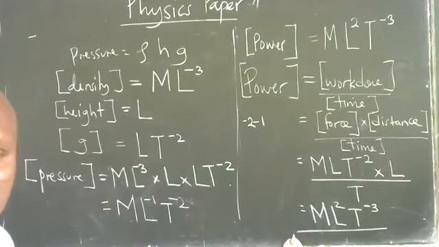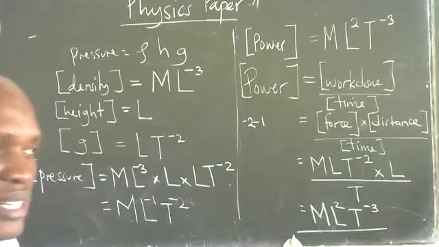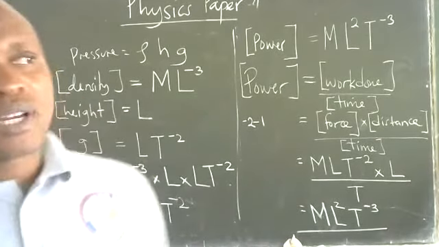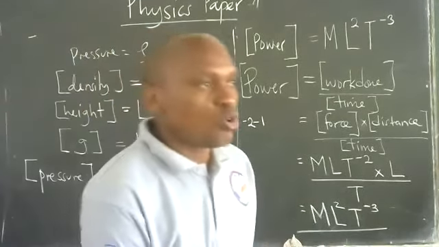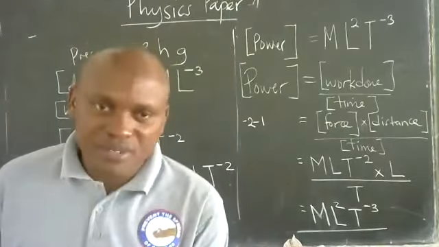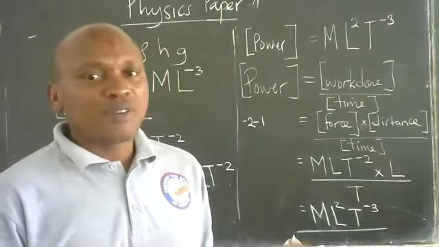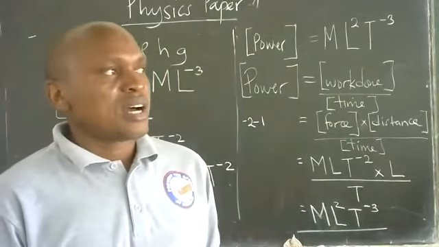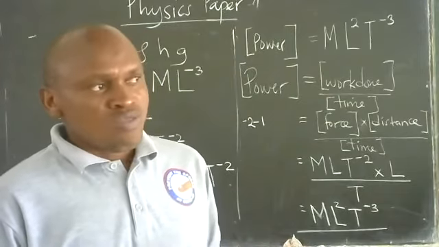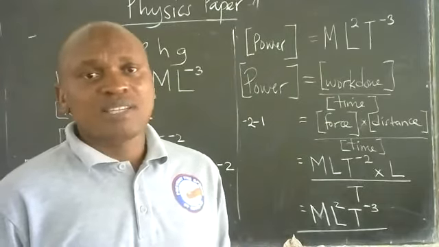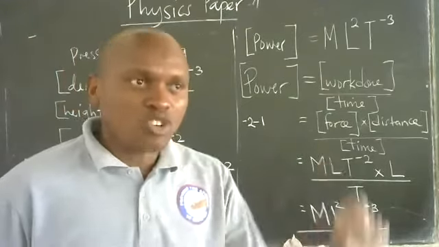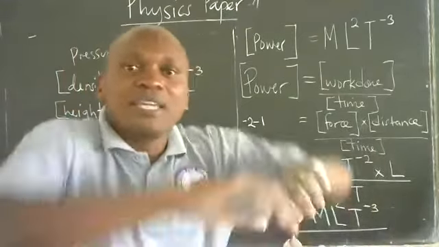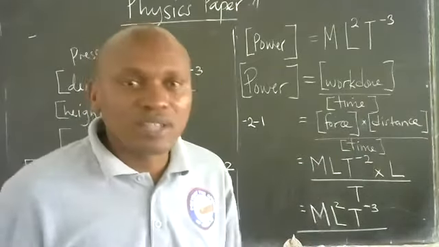For those who didn't join in the first part, in this lesson we categorized physical quantities as fundamental and derived. We defined fundamental quantities as the quantities that cannot be expressed in terms of other quantities. They are independent, they are standalone.